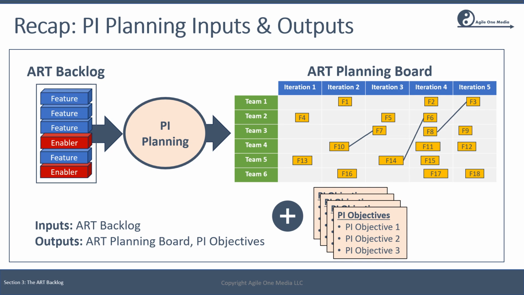Next step is to take these outputs from the first pass PI planning and bring those to a review where they will be reviewed by the ART and the assembled stakeholders.